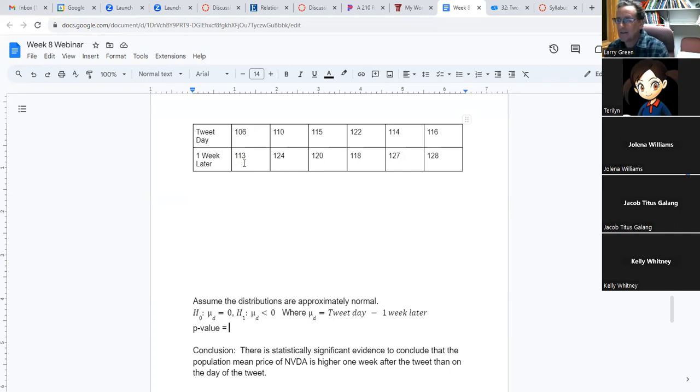Do you see that? And again, if I was right, then you should get a negative number because tweet day minus a week later should be negative. And that's what's going on. Okay, so H1 is mu sub d is less than 0. And I'm defining mu sub d as tweet day's stock price minus 1 week later stock price. Do you see how that works?